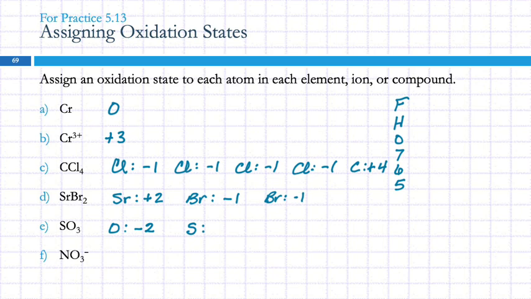So what's the oxidation state of the sulfur? +6. Because there are 3 of those. 3 times -2 is -6, just like ion charges. And so the sulfur must be +6. Any questions about that one?